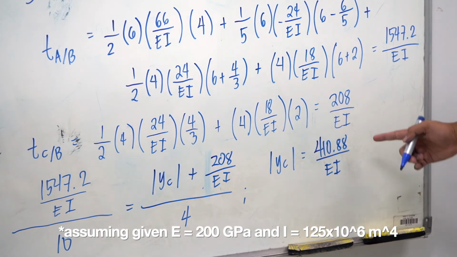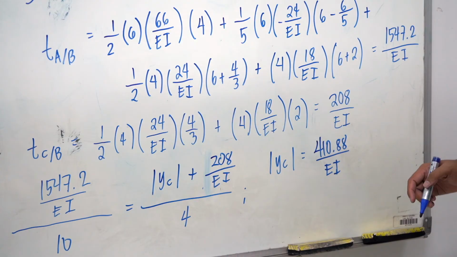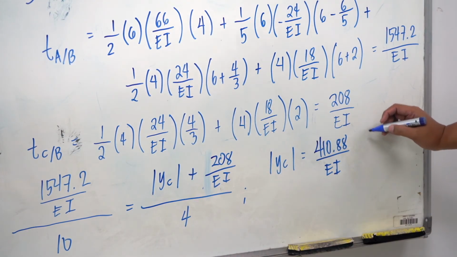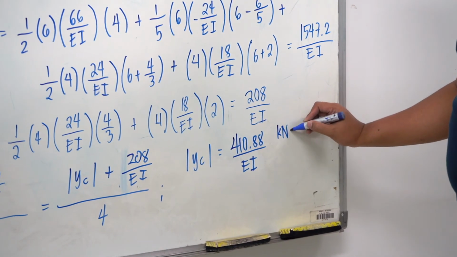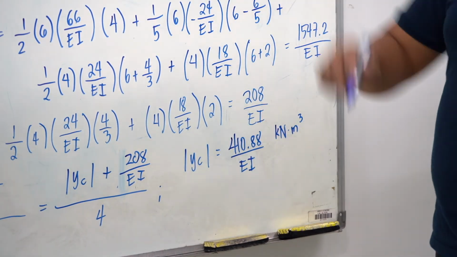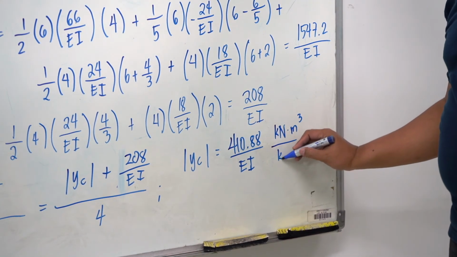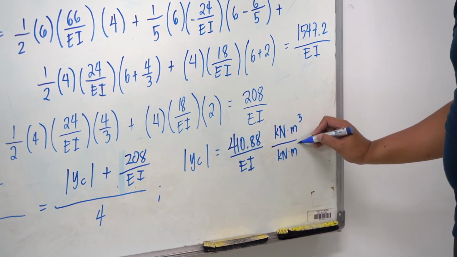So take note that the value 410.88 is in kilonewton meter cubed. Therefore, our EI should be in kilonewton meter squared.